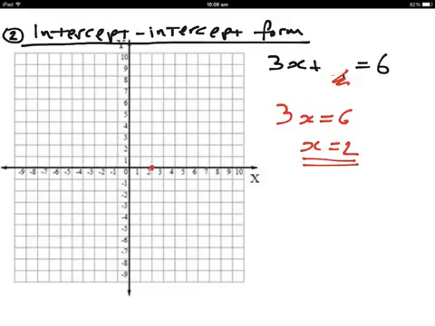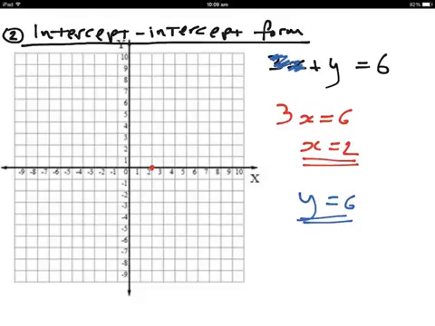Okay, now if we just restore our equation, and we want to find out where it cuts the y-axis, well again, we don't know where it cuts the y-axis, somewhere anywhere down here. But at that point, we know that x equals 0. So we can remove that from the equation, and that leaves us with y equals 6.